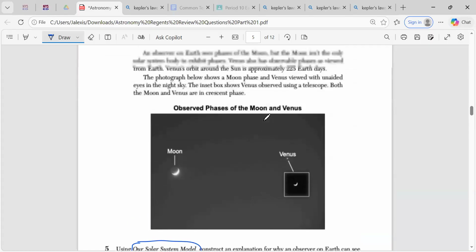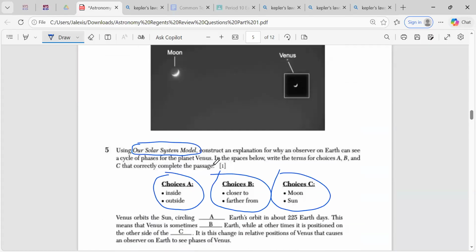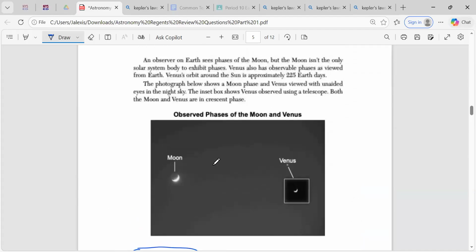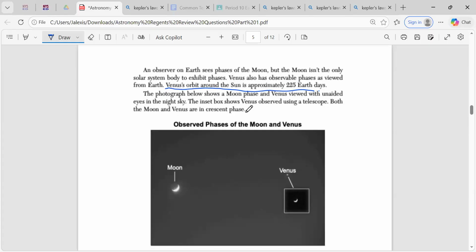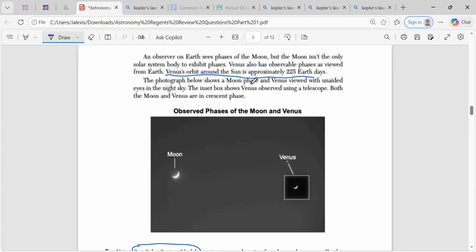So I'm just going to scan through the reading for anything about Venus and its phases that can help me. It tells me Venus orbits the sun. It tells me Venus has observable phases as viewed from Earth. And it tells me the photograph shows a moon phase and Venus viewed with unaided eyes in the night sky. The inset box shows Venus observed using a telescope.